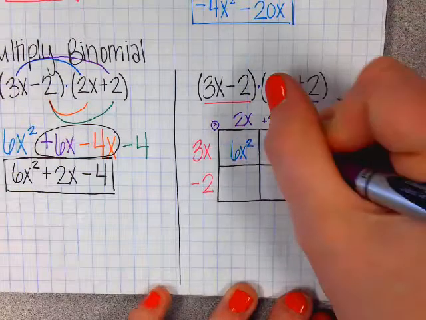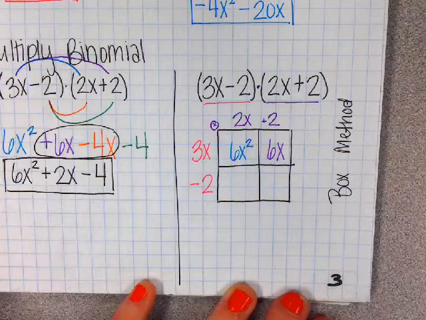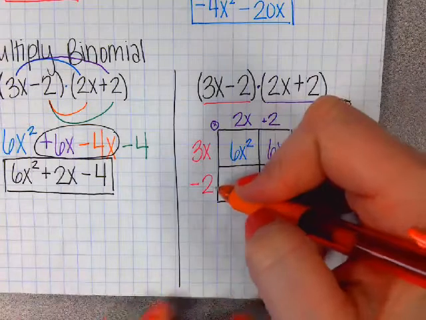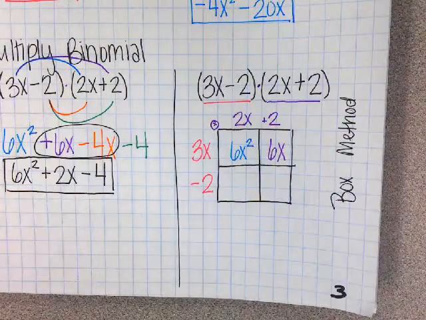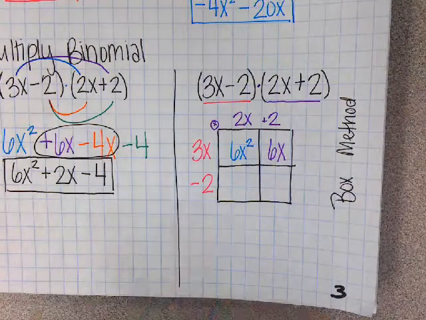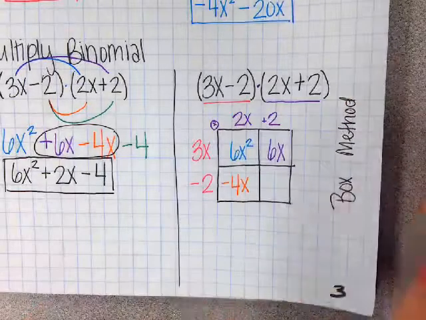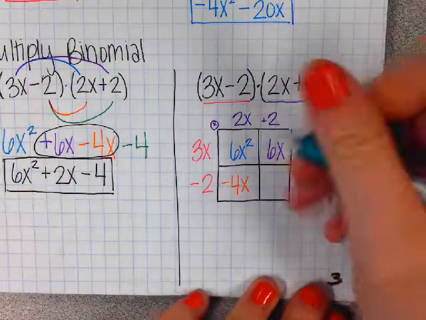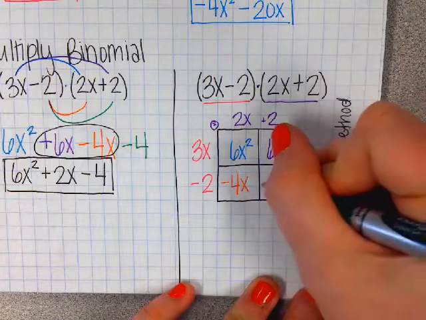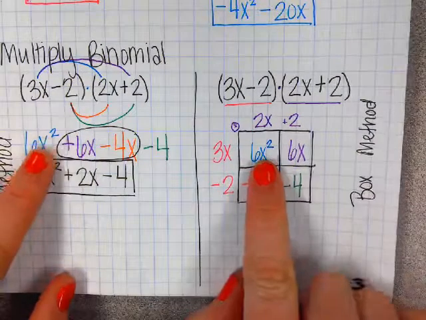Then you have 3x times 2. What's 3 times 2? 6, and then times x. Then you have negative 2 times 2x. What's negative 2 times 2? It's negative 4x. And then negative 2 times positive 2 is negative 4.